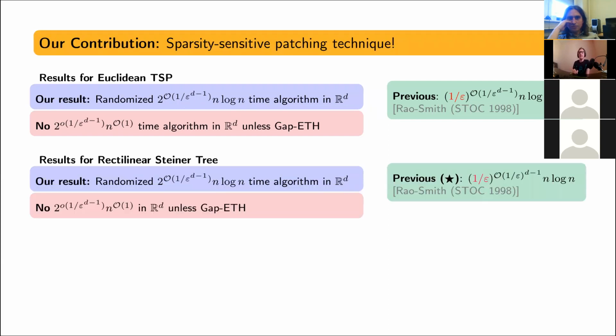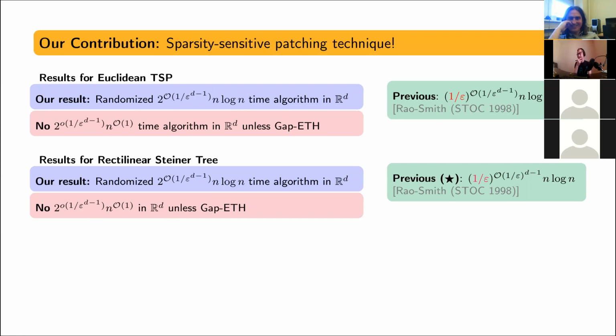For rectilinear Steiner tree, we also prove very similar results. So we give a randomized 2 to the 1 over epsilon to the d minus 1 times n log n time algorithm. And the previous algorithm that was claimed is also by Rao and Smith. Unfortunately, we were not able to verify that it's correct.